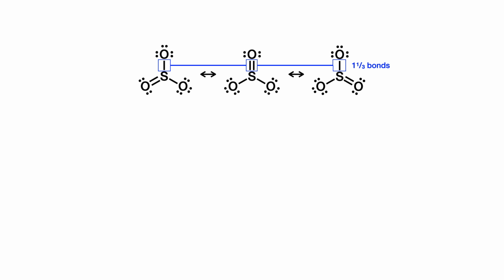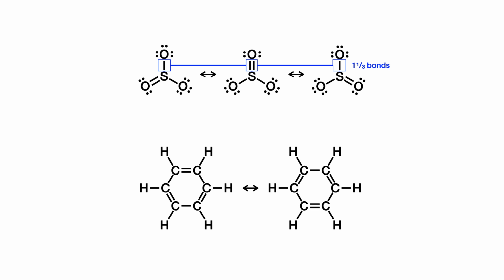Another very famous example of a molecule that is best described using resonance like this is benzene, which has the formula C6H6. And if you wanted to draw a Lewis structure for this, you would have a ring of 6 carbon atoms with alternating single and double bonds. But there are 2 different ways that you could arrange the alternating bonds. You could have them in this arrangement, or you could have them in this arrangement. And so we say that benzene is not in either one of these individual Lewis structures, but instead it's an average of the 2.